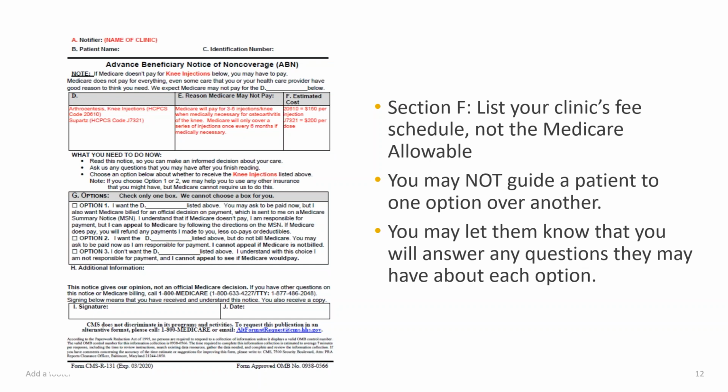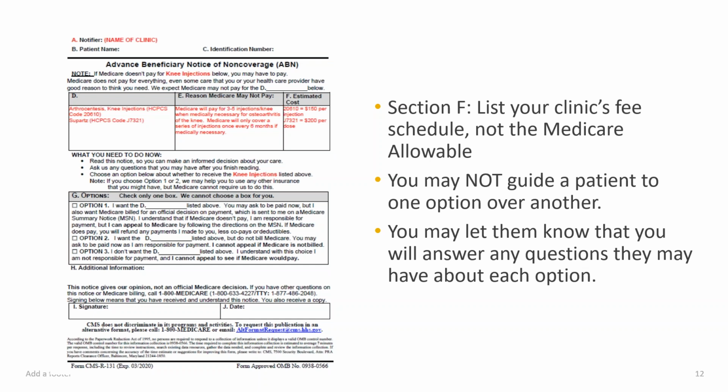Then you would have the patient choose an option. After you explain what the ABN says, you let the patient know they need to read through this. You give them a few minutes to do so, and they need to choose one of 3 options in section G. You must be very clear that you cannot make a choice for them, and you are not allowed to guide them to a choice.